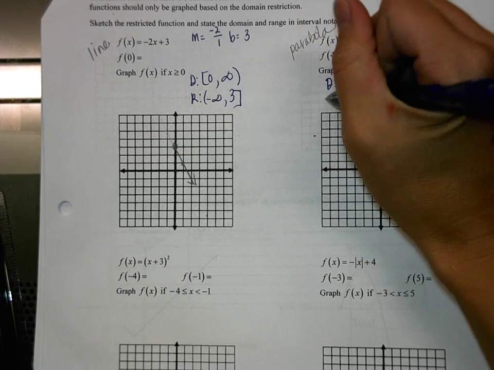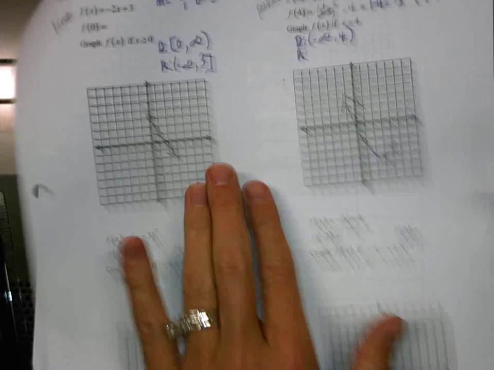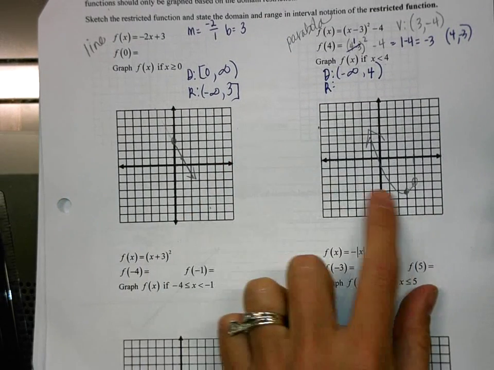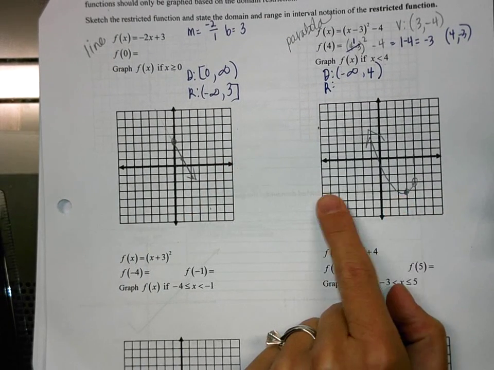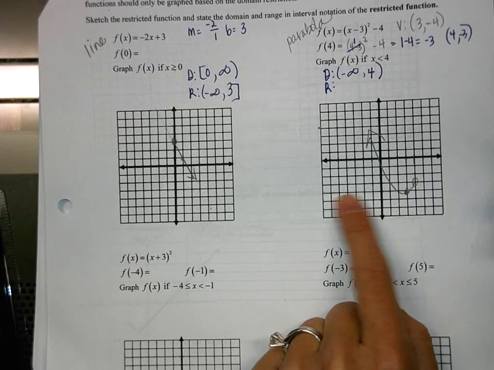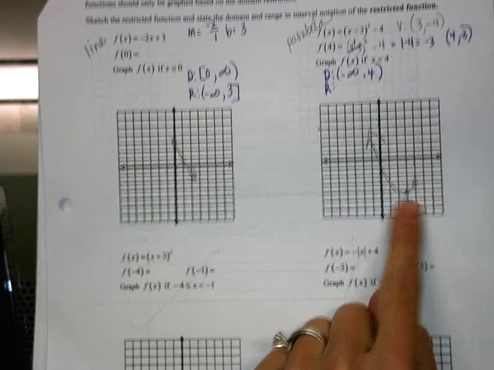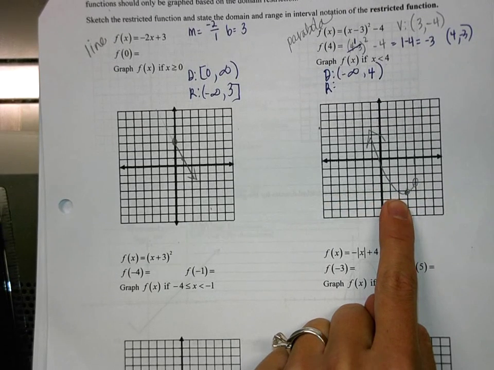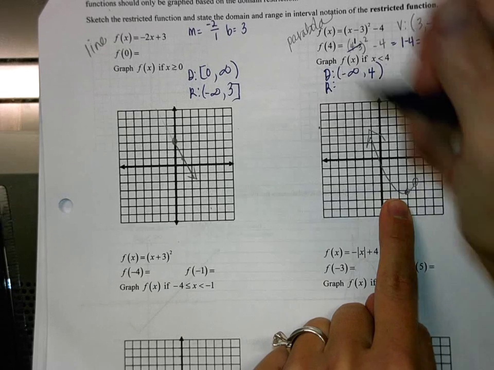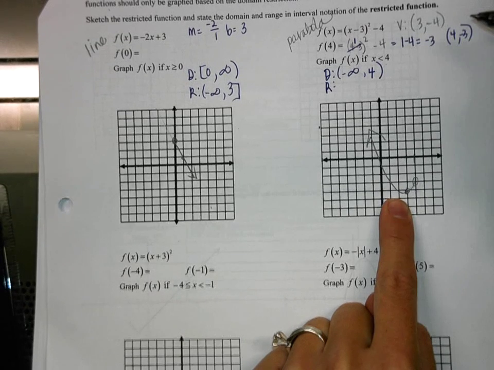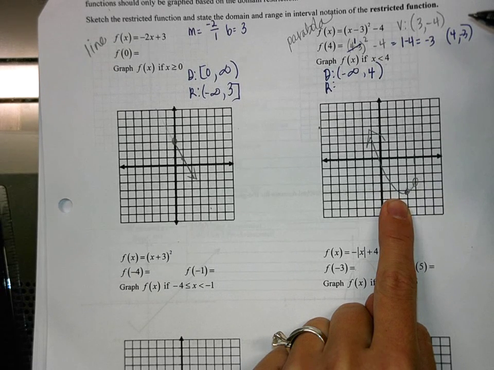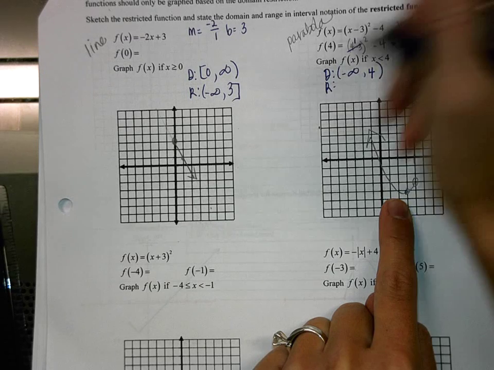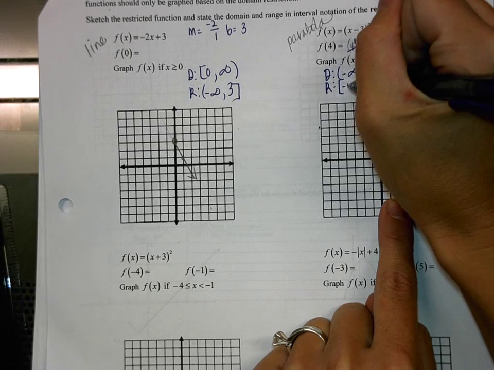Very good. Now for my range, going on my y, my up and down, what is my smallest value on the y-axis? It's at -4. And is it going to be equal to? Is it going to be a bracket or a parenthesis? A bracket. Okay, so it's open here.